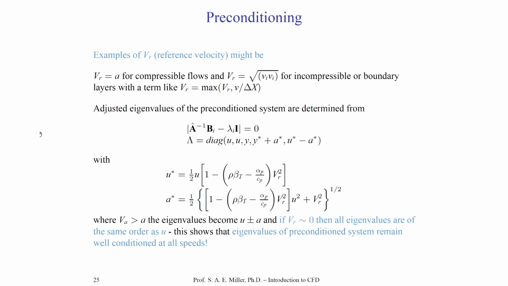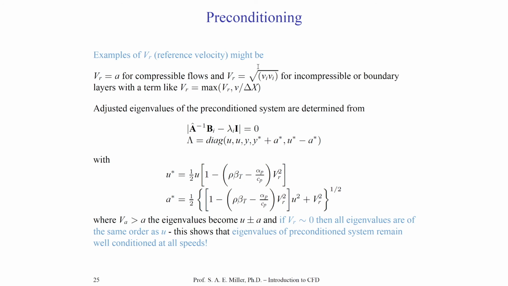What might V sub r be through this introduction? We might simply set it to the speed of sound for compressible flows, or the square root of, say, the square of the velocity for incompressible flows, for perhaps boundary layers as an example. So basically, we do have to set it to some reference velocity.